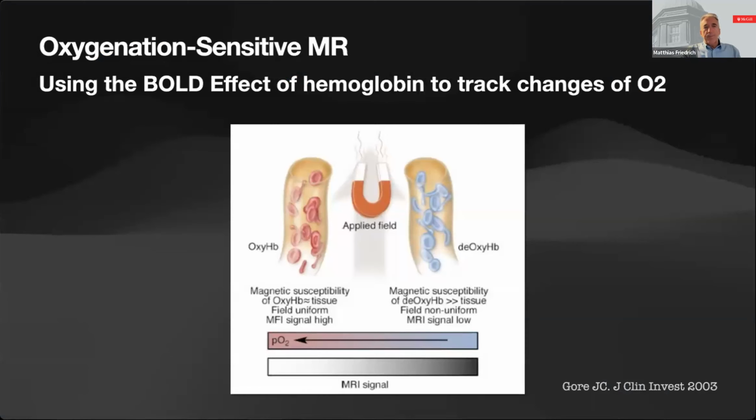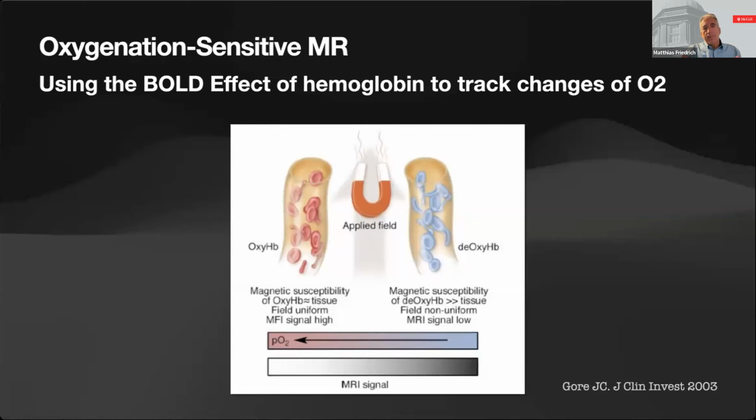The principle of oxygenation-sensitive MR goes back to the so-called BOLD effect. BOLD stands for blood oxygen level dependent, and it simply reflects the phenomenon that deoxygenated hemoglobin has a paramagnetic effect on the immediate molecular environment.